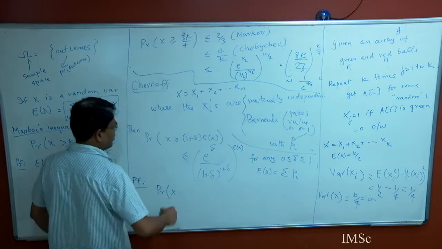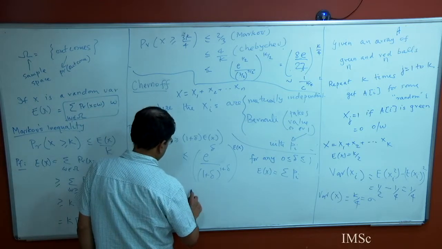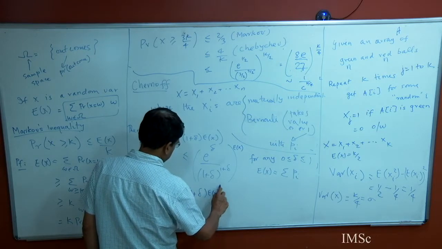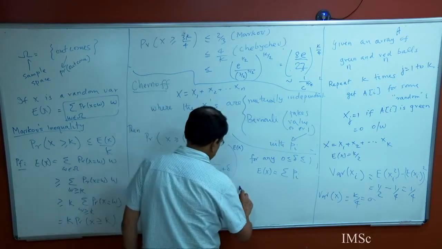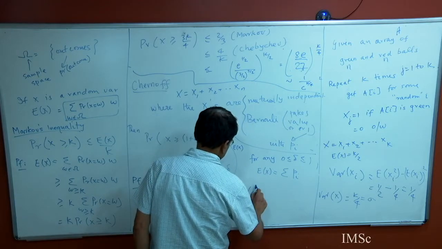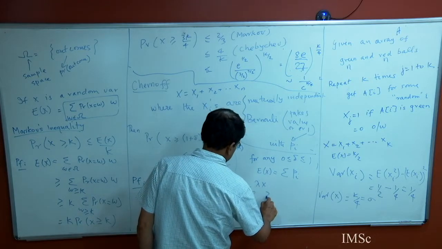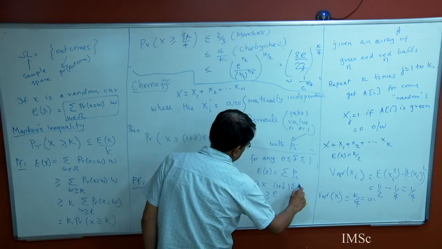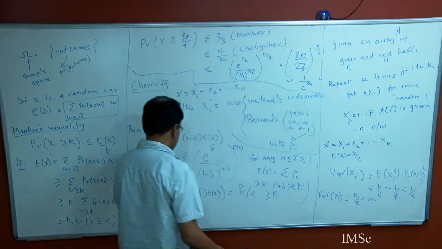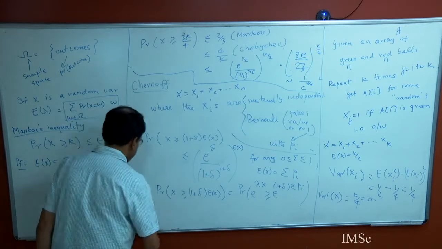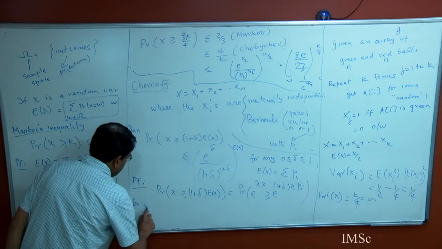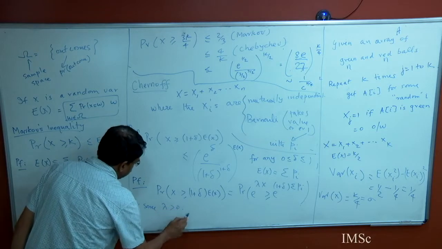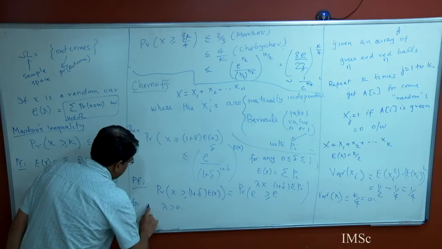Probability, we're just going to take the exponent of this, for some positive parameter lambda. We'll do it for any lambda actually, we will fix lambda later.